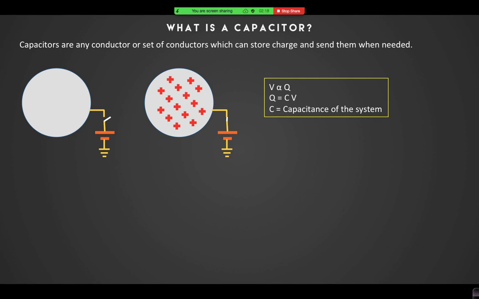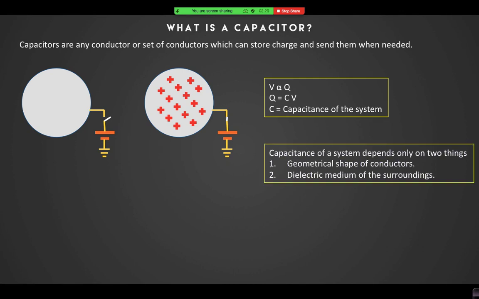As I have said, if the dielectric breakdown voltage is larger, then you can store more charge, but if the dielectric breakdown voltage is smaller, then you cannot store that amount of charge. Before that, the charge will start leaking off.